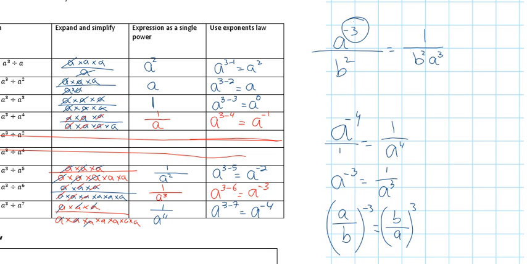If it's in the numerator, you put it down in the denominator. If it's in the denominator, you put it up in the numerator, and you make it the opposite, the positive exponent. Okay? The rule says if you have A, I'll write the rule on the next page. So the important part is you understand you can't leave your answer with a negative exponent.